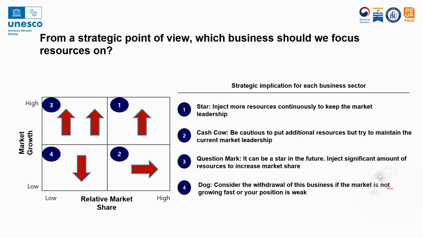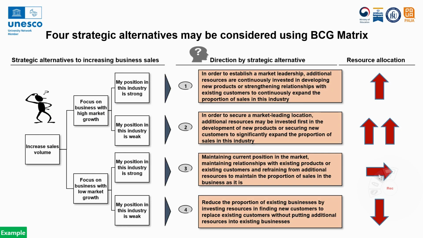According to the market growth, we decide whether we will increase sales volumes in the area of the business where the market growth rate is high. So focus on business with high market growth. That's one option. Focus on business with low market growth is another option.